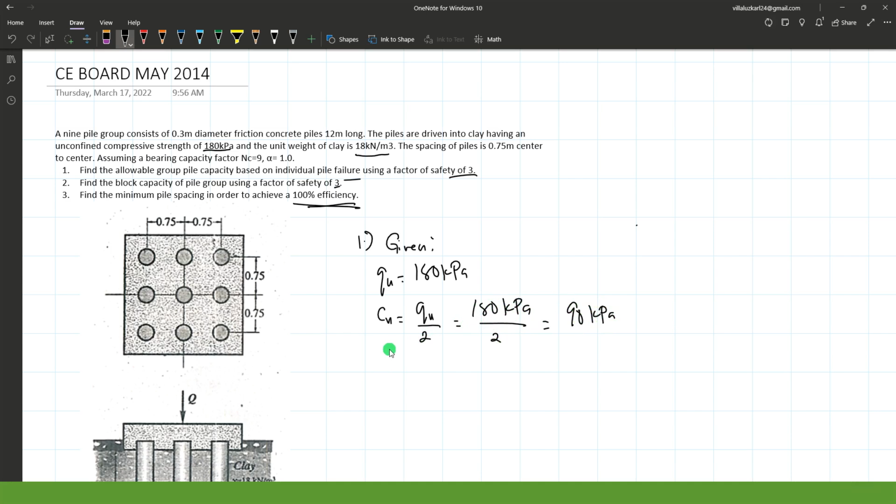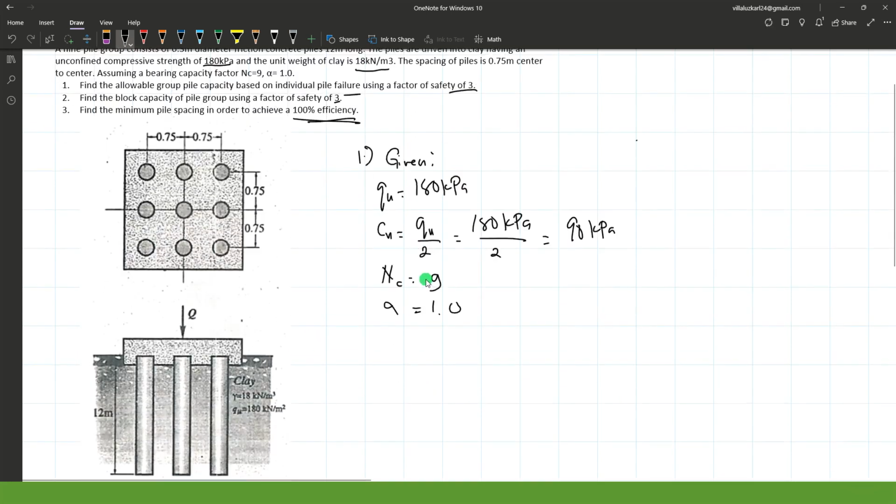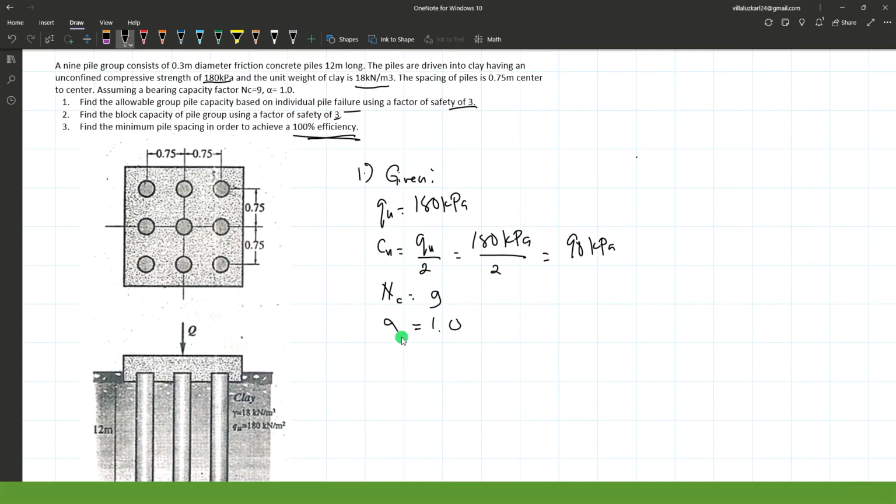That's our cohesion. NC is 9, alpha is 1. The unit weight of clay will not be used in this problem, and we have a spacing of 0.75 meters center to center.